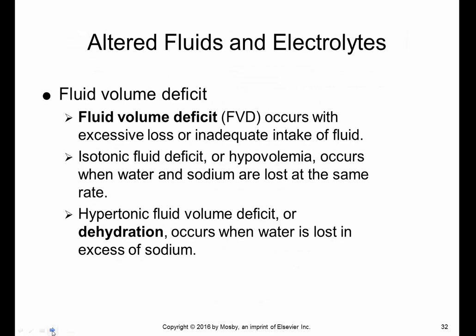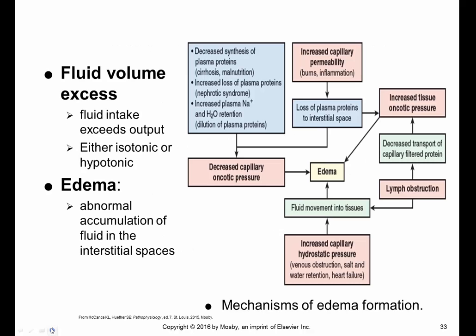So we can also have fluid volume deficit, or hypovolemia, when we have an excessive loss or an inadequate intake. We can also have fluid volume excess, in which we take too much in, and we often see the development of edema, which is the abnormal accumulation of fluid in the interstitial space.